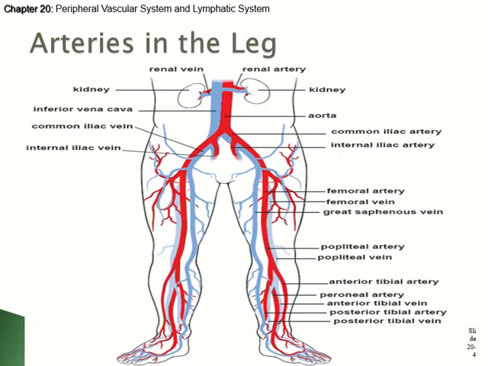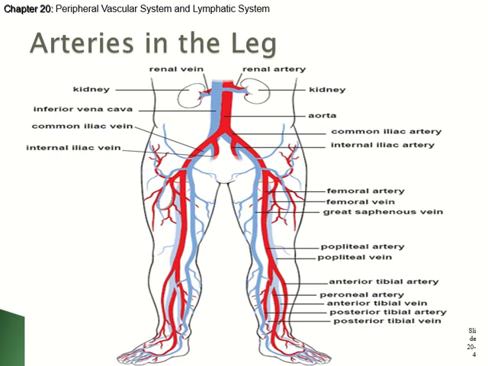The main arteries of the leg are the femoral artery, the popliteal artery, the dorsalis pedis, and the posterior tibial. The femoral artery is found deep under the inguinal ligament, and it travels down the thigh bone and becomes the popliteal artery.